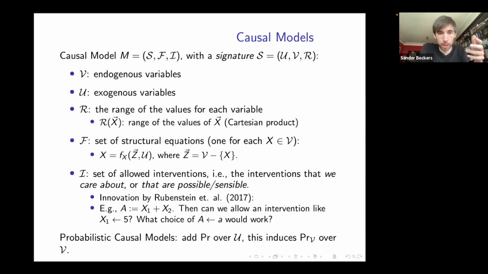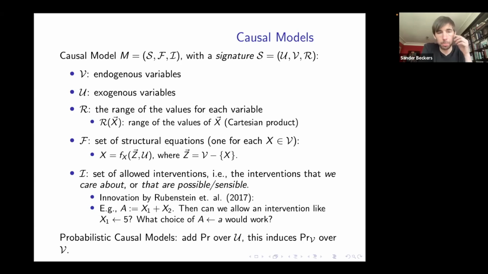What Rubenstein et al. introduced in their original paper on exact transformations or abstractions, however you want to call it, is that there's also a set of allowed interventions, because we don't want to consider all the possible interventions for several reasons. The most important one: some of the interventions at a lower level might not have any counterpart on the higher level, and therefore we're not going to allow those.